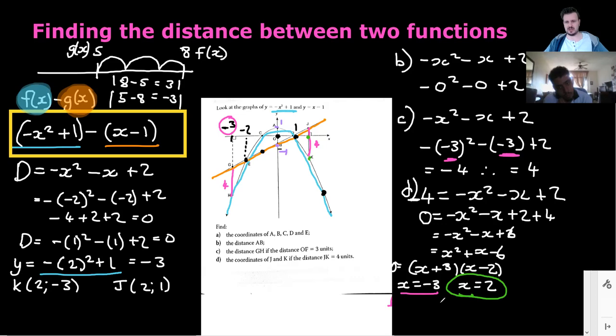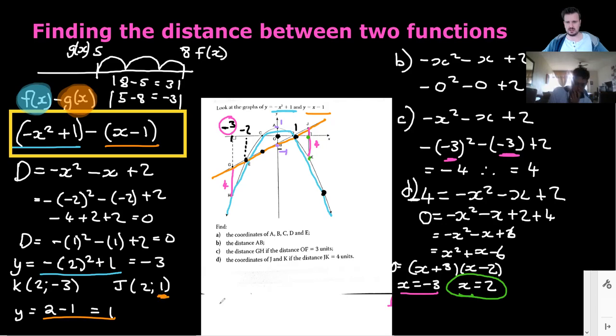So we can do it in purple. No, it was orange. Straight line was orange. So Y equals 2, because X is 2, minus 1 will be 1. And that works.